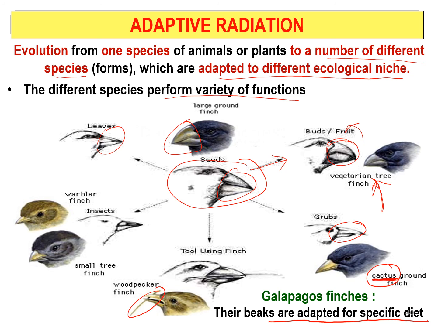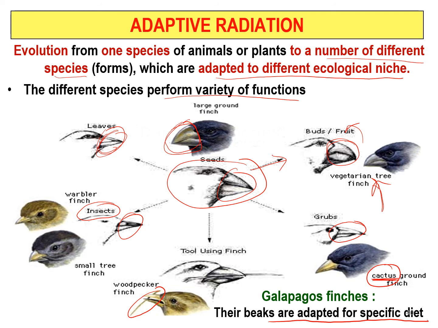Jadi dia boleh drill on the bark of trees. Small tree finch, they eat on insects. The size is suitable to grasp the insects. And then this kind of beak, this size eats on leaves. Ni yang besar sikit ni mungkin dia boleh crack the nuts.